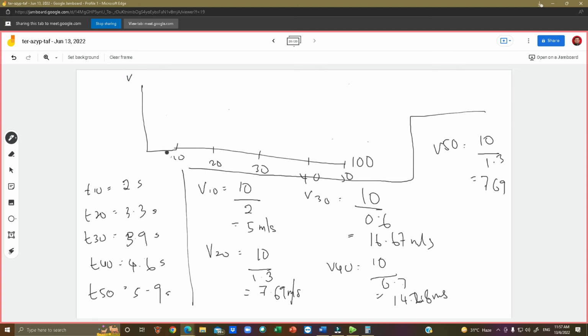The first velocity is 5, the second velocity 7.69, the third velocity 16, the fourth velocity is 14, the fifth velocity is 7.69. So you are going to have this kind of performance curve.